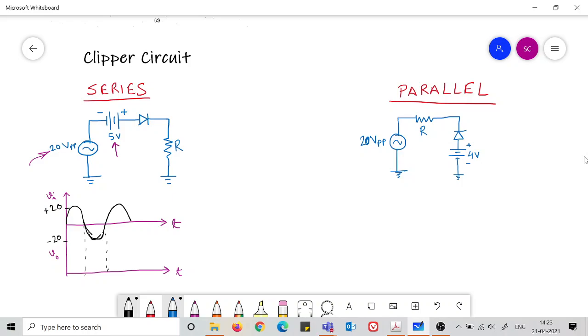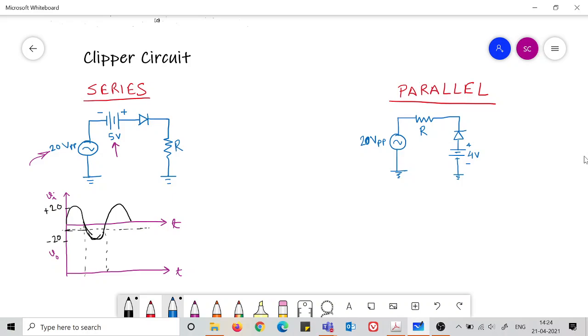So if this is like 5, and so when the voltage in the AC source is minus 5 volt, somewhere here, only then the diode will become reverse biased, or it will become off beyond minus 5 volts. So above minus 5 volts the diode is on, below minus 5 volts the diode is off.